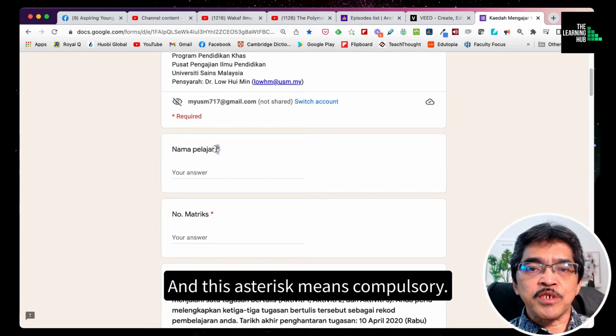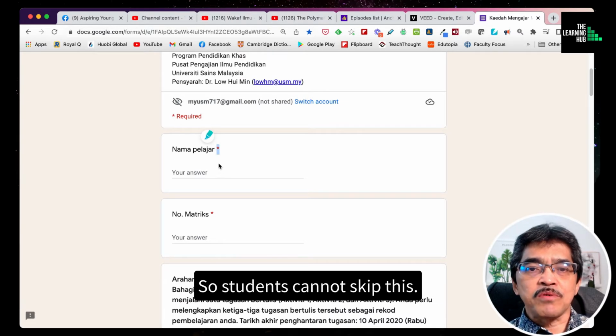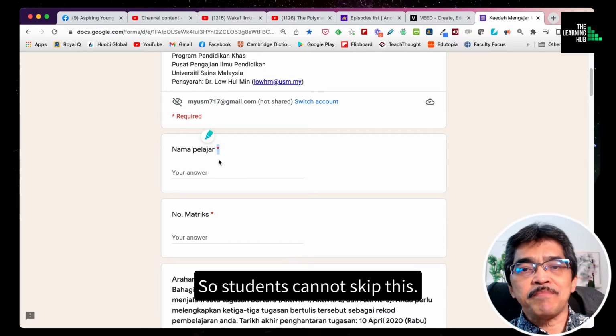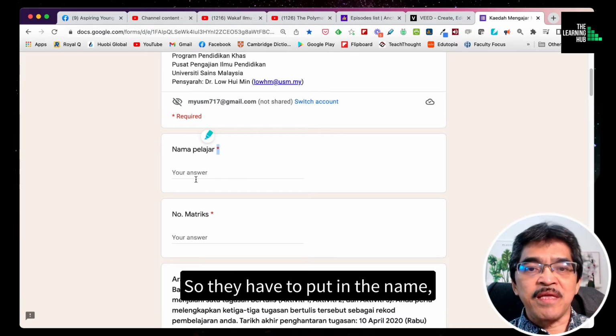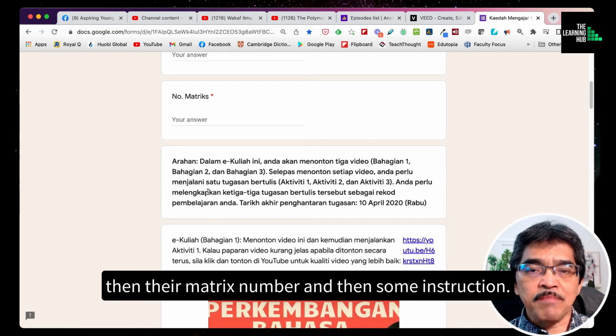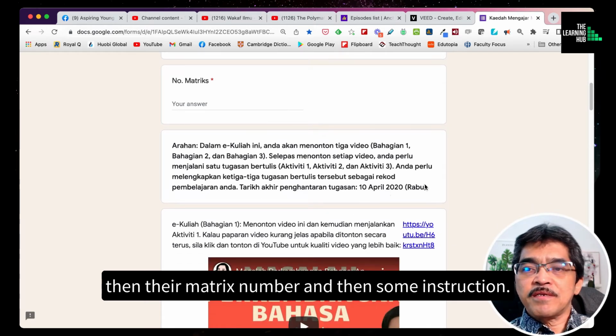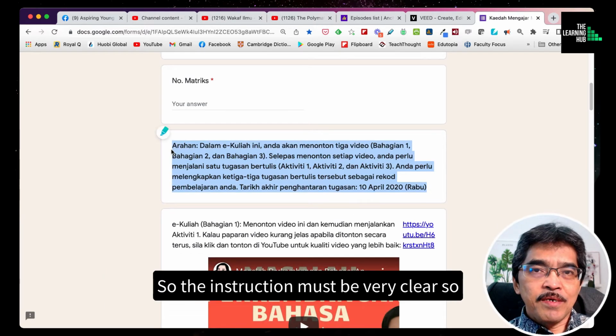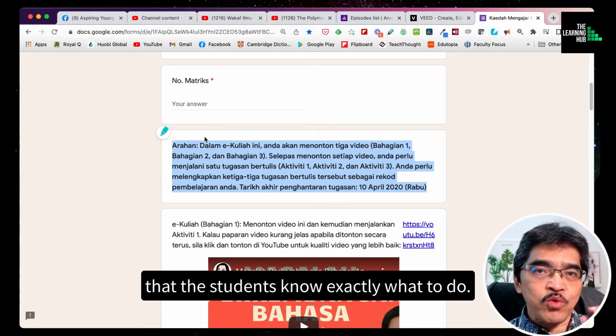The asterisk means compulsory, so the student cannot skip this and has to put in the name, then their matrix number, and then some instruction. The instruction must be very clear so that the students know exactly what to do.